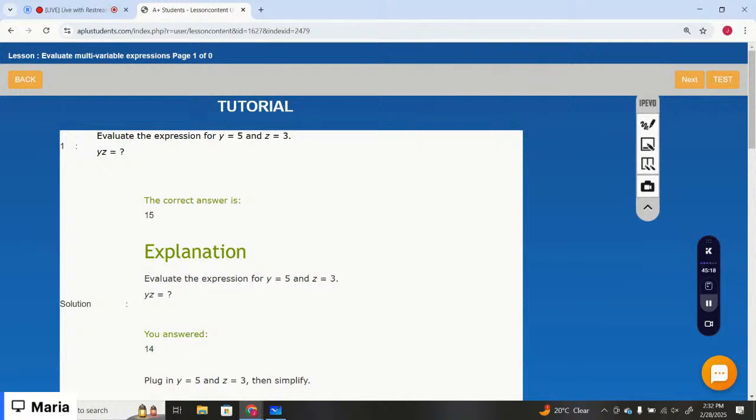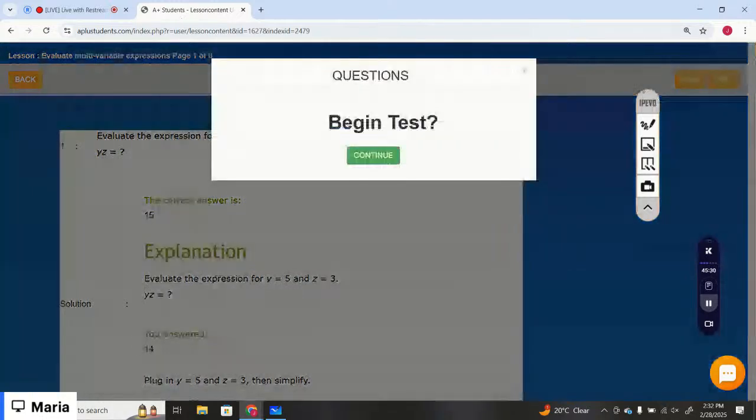That is 5 times 3. 5 times 3 is 15. The correct option is 15. Let's just start with the test questions.